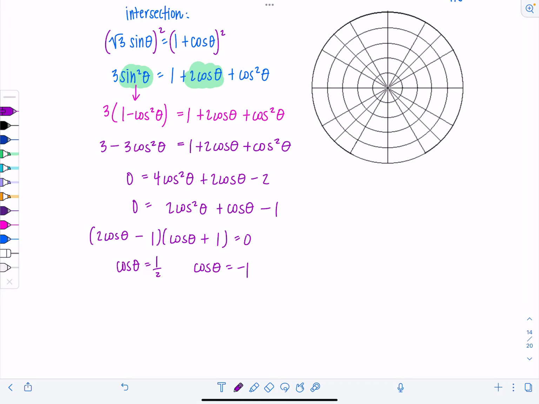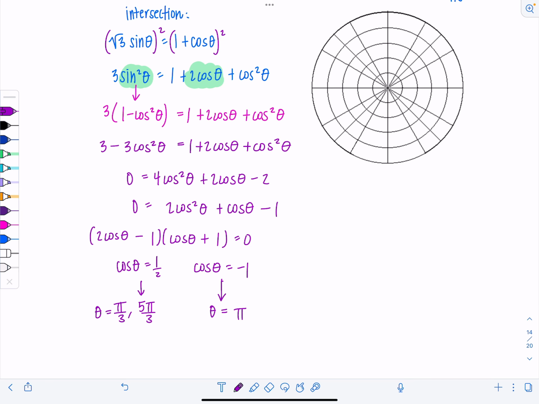So let's see, cosine theta is 1/2 at pi over 3. Also, cosine theta is 1/2 in quadrant 4 at 5 pi over 3. Cosine is -1 when theta is pi.